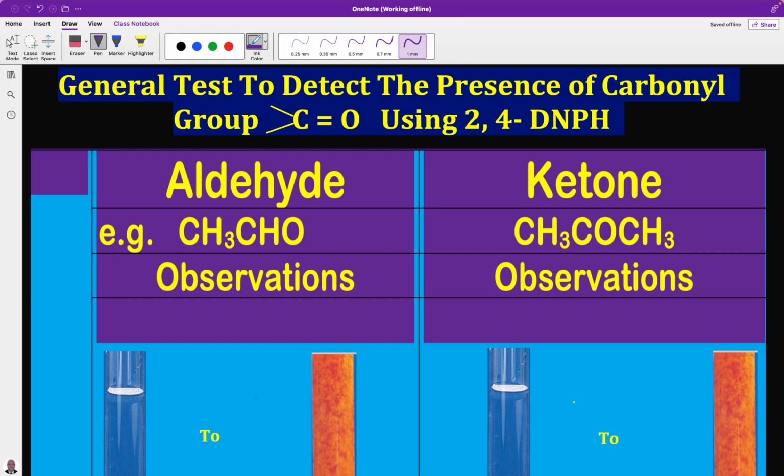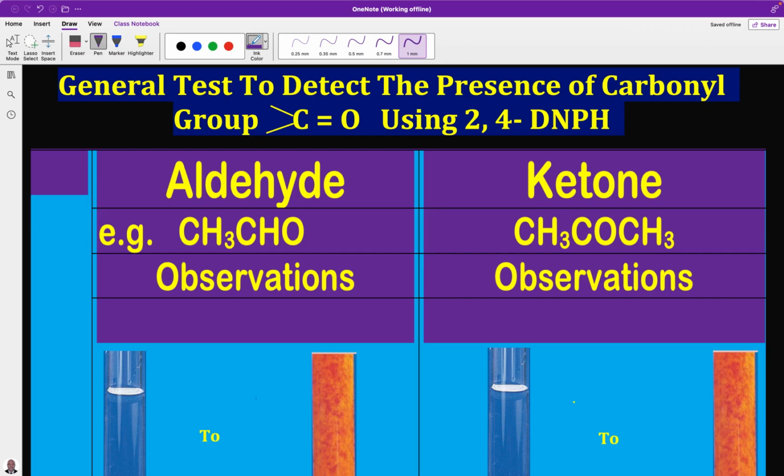Now, in this test, we use a Brady reagent, that is a reaction where 2,4-dinitrophenylhydrazine is put in a solution of methanol and a concentrated sulfuric acid.